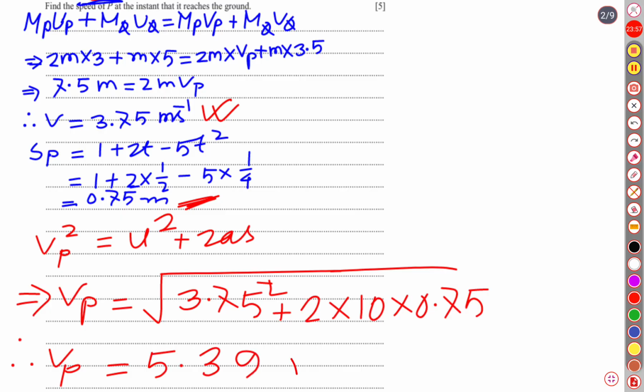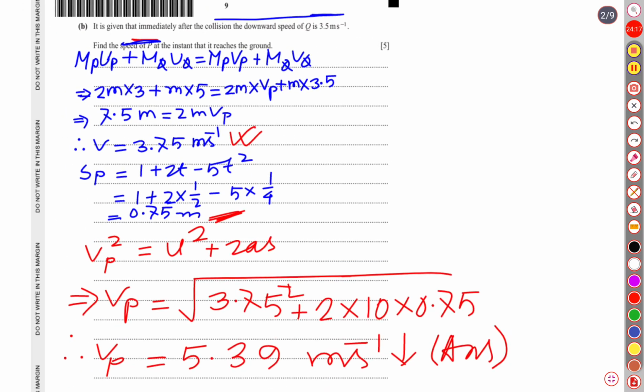5.39 meter per second. It is not actually velocity, it is speed, and it is coming downward. Actually when it reaches the ground, the direction is definitely downward. So we should not forget that this is the answer, and showing the direction is not necessary at all, just the magnitude is sufficient. I think you have understood what I have told.